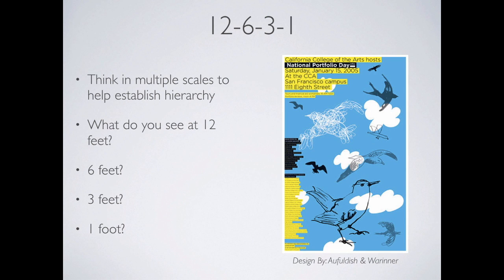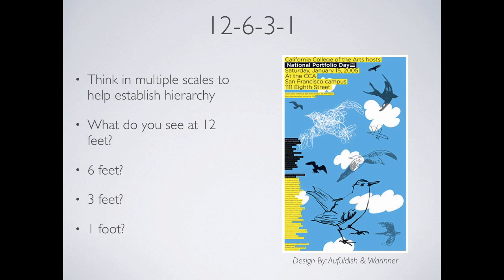So let's look at this one. What stands out first? Right? Maybe it's the birds. In this case, maybe the birds are a little bit distracting. Let's look at just the text. What stands out in the text? National Portfolio Day. Kind of hits you over the head because everything else is a different color. So same concept here.